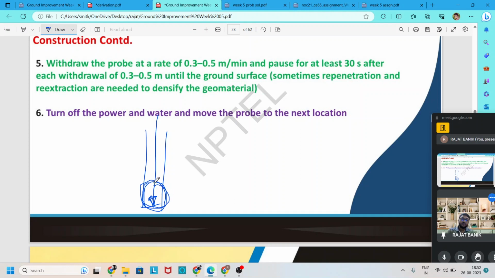And after that, we extract the probe to the next depth level. And again, some time is given to vibrate this area and improve it like that. And gradually, we go upward in this process up to the ground surface.